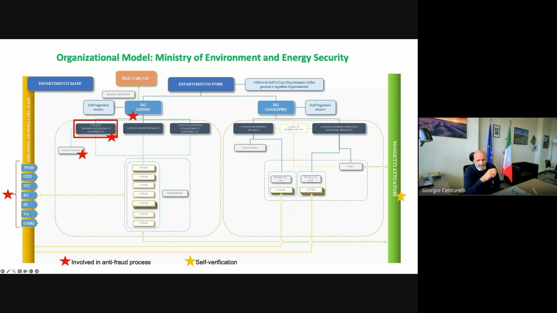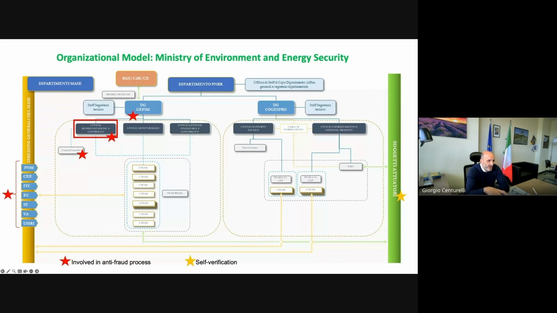Another covers specific needs related to state aid, the respect of the DNSH principle, and covers technical assistance to the beneficiaries, to the implementing bodies, and the department where the contact point is, as a coordination of activity in general.